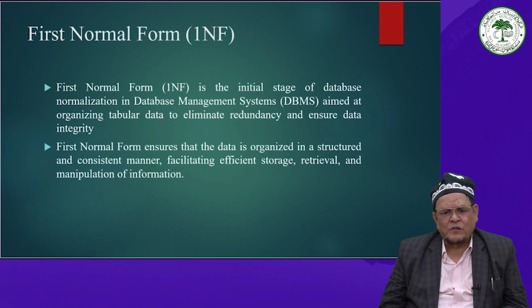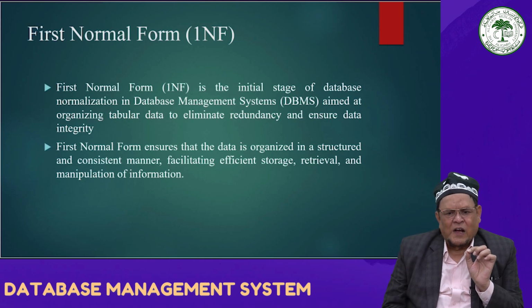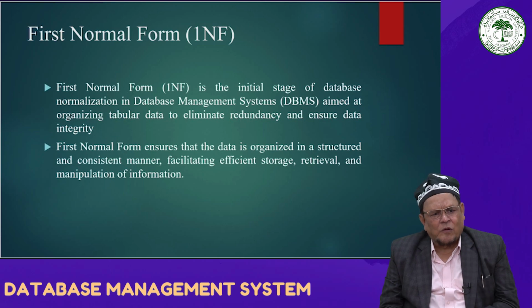By adhering to these criteria, that is unique column names, ordered rows, and atomic values, first normal form ensures that data is organized in a structured and consistent manner, facilitating efficient storage, retrieval, and manipulation of information. Achieving first normal form is typically the first step in the normalization process, laying the foundation for higher normal forms such as second normal form and third normal form.